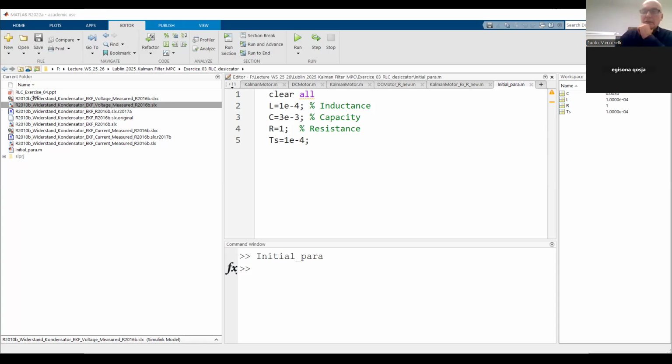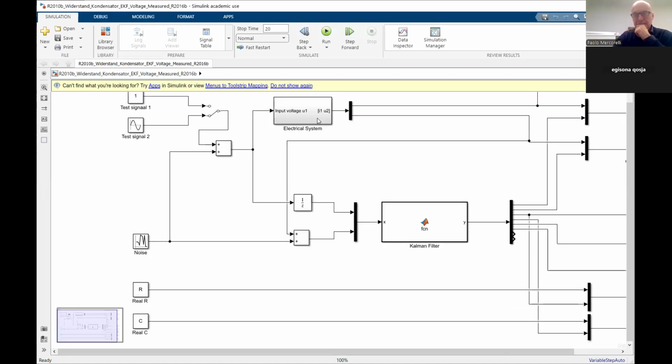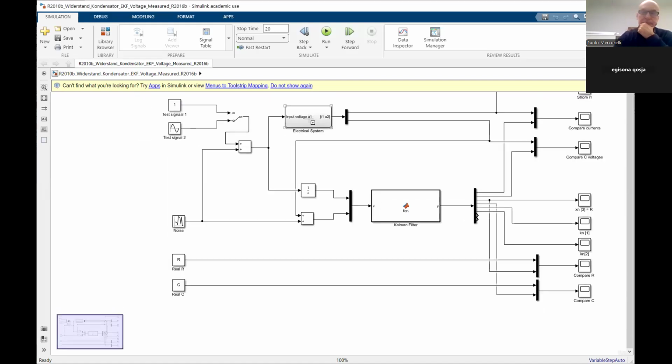Okay, look, let me share Simulink. Here we have the system.